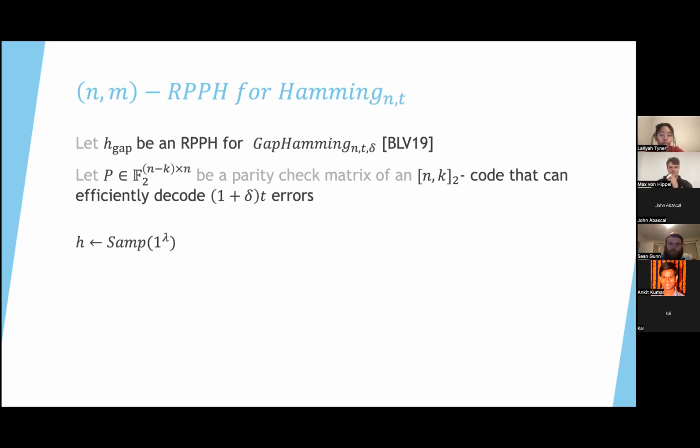Again, we sample our hash function H, and define H of X to be P times X, and then H gap of X. So we're utilizing this H gap hash function from the prior works as a black box, and we're essentially just concatenating that onto the syndrome P times X.